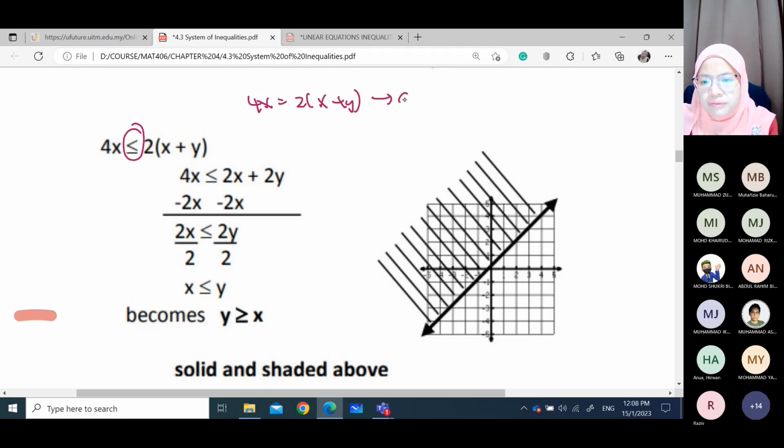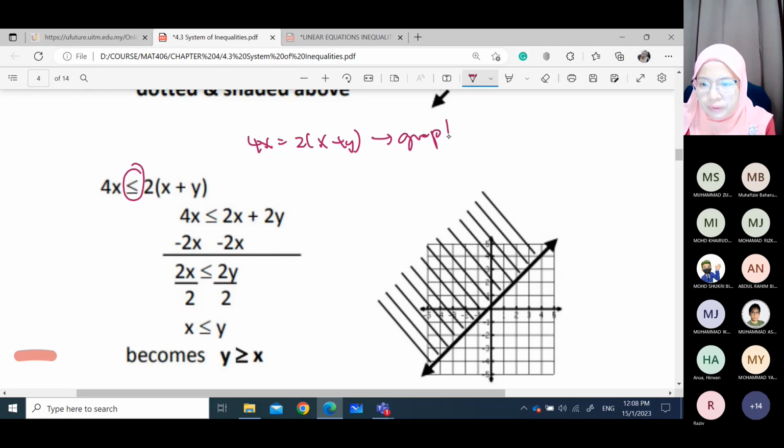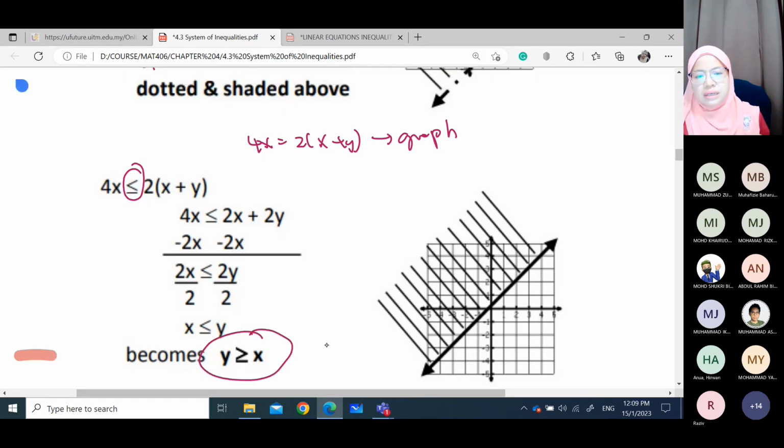So kita plot graph, and then we shade the solution. So the solution here is y is always greater than x, which means the region lies above the graph. So the graph yang ini adalah 4x equals 2 times x plus y.